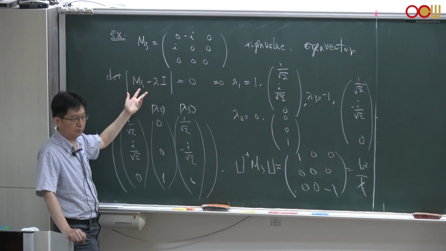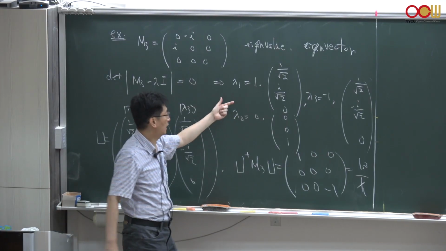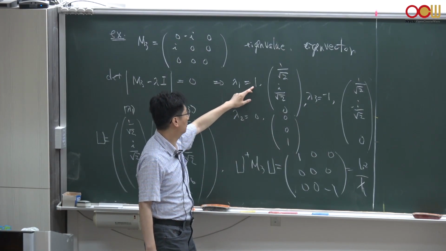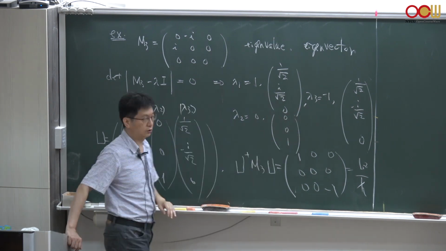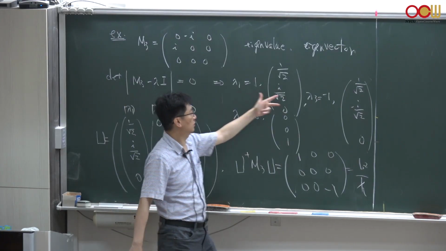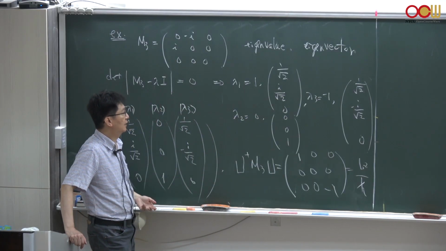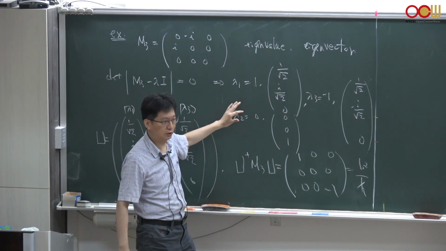This is lambda to the power of 3 in the polynomial, and in general you have 3 eigenvalues, which correspond to lambda 1 being 1, lambda 2 being 0, and lambda 3 being minus 1. So you could plug in these 3 eigenvalues individually, separately, and look for the eigenvectors that satisfy the eigenvalue equation.